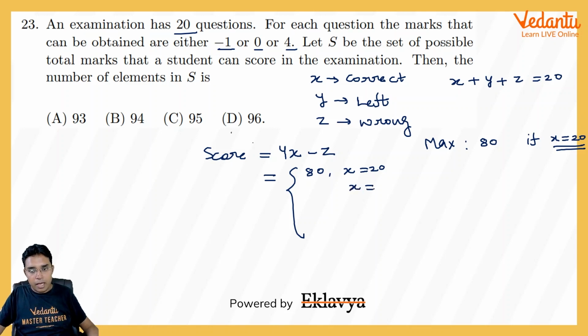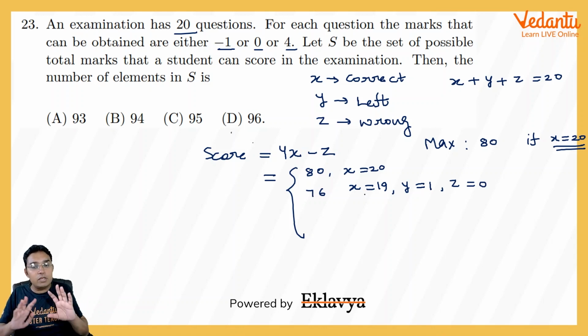The maximum is when all are correct, so the second highest would be when 19 are correct, but the remaining question is left. It is not wrong, that is 0. So here you can see this will be 76. So after 80, it is not 79 or 78 or 77. It is 76. I hope it is clear.